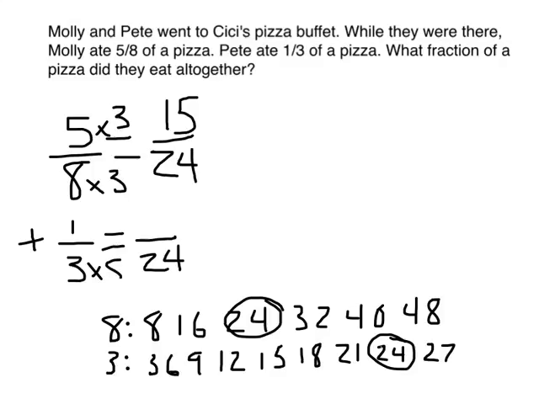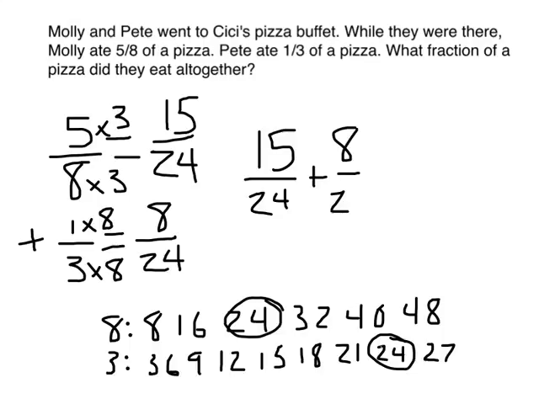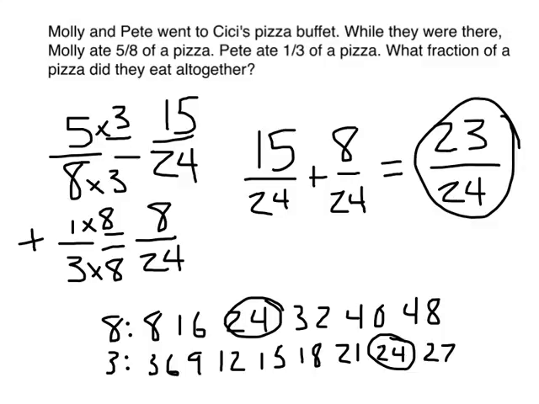I multiply by 8. What's the new numerator? The new numerator is 8. 1/3 is the same as 8/24. Now I can add my fractions, 15 over 24 plus 8 over 24. When I add 15 over 24 plus 8 over 24, what is my result? Together, they ate 23 over 24 of a pizza.